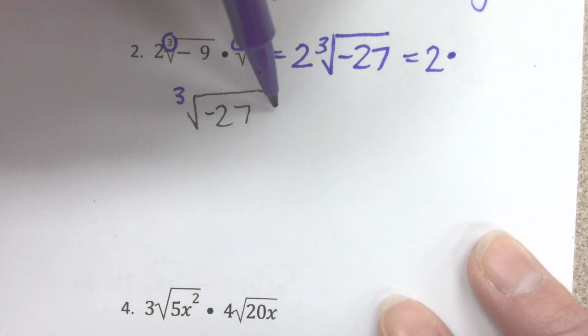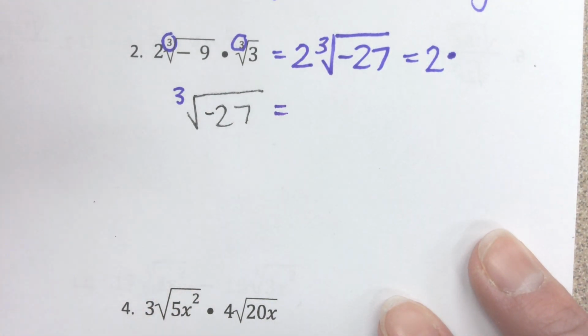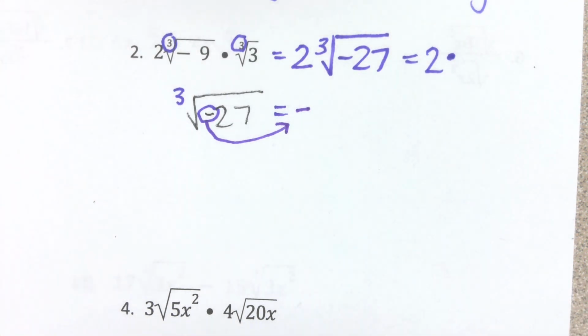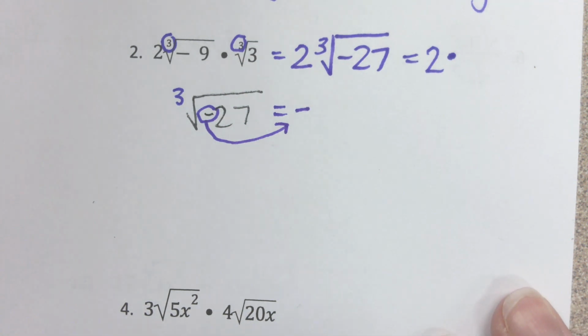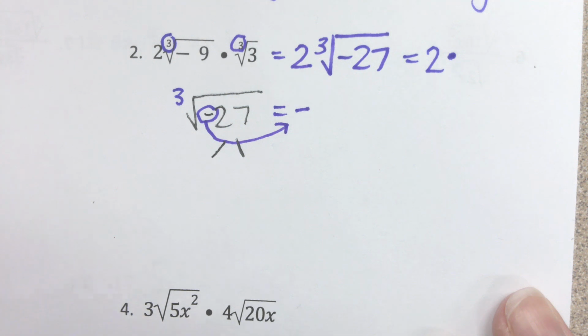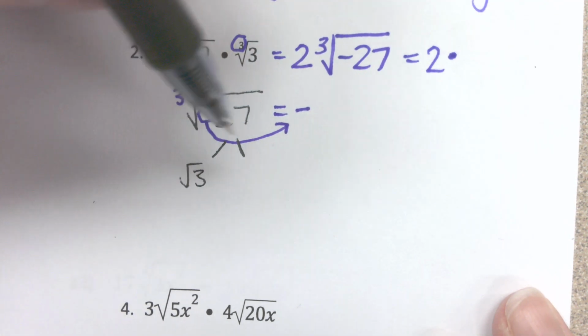First things first, negatives are allowed with cube roots, and they're always going to give you a negative answer. So go ahead and take that out and put it on the outside so we don't forget about it. And then we'll break down the 27. 27, our only options are 9 and 3.